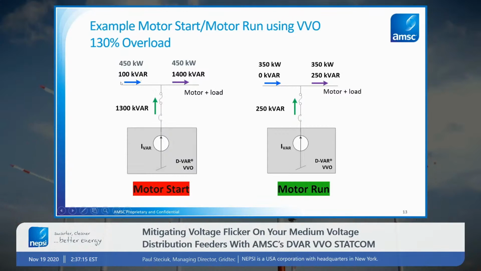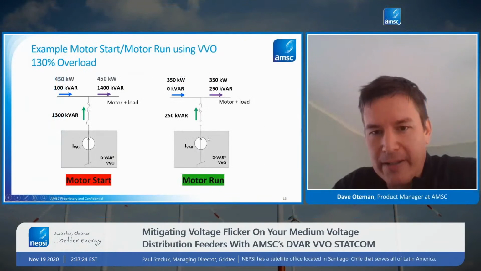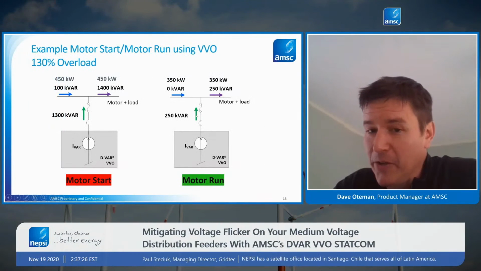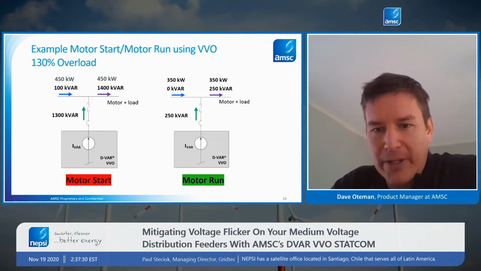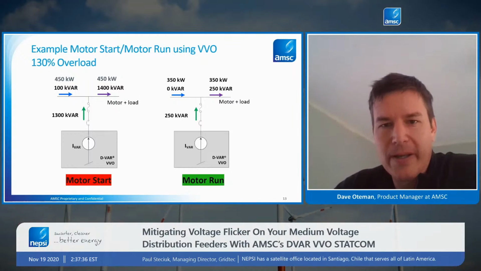In this case, there's about 1 kVAR left over on the grid during the starting event. And then once the motor starts running, the STATCOM will continue to provide VAR compensation, but the steady VAR compensation is much less, so it automatically dials down its output.